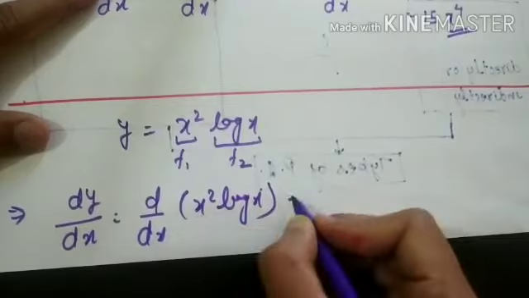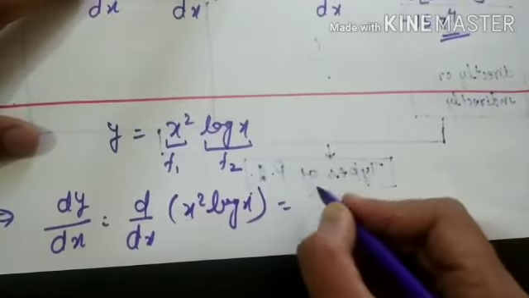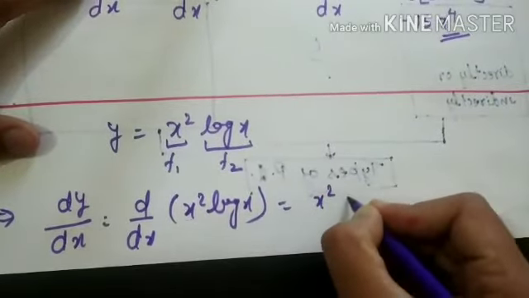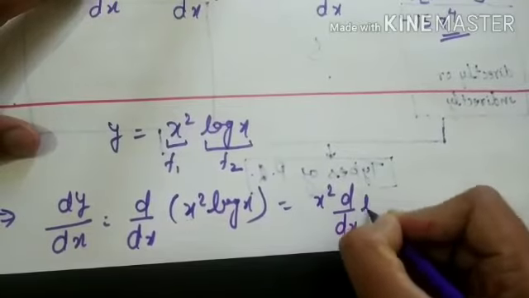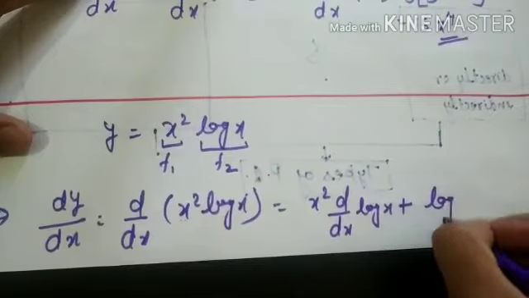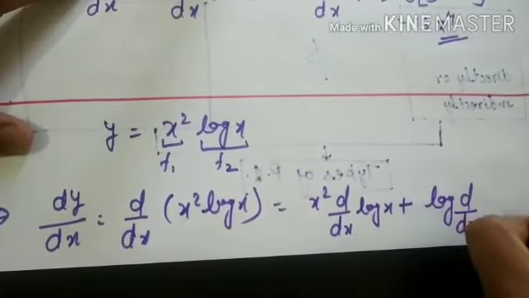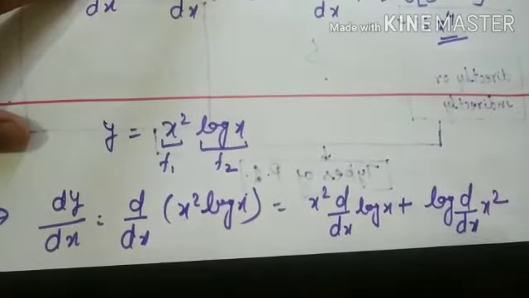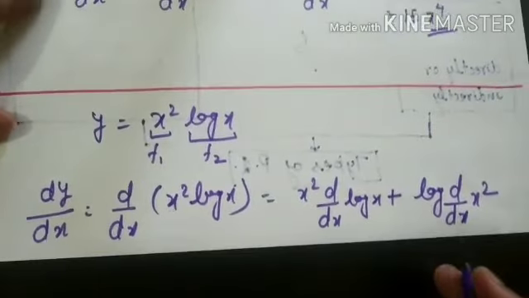First into differentiation of second plus second into differentiation of first. It's a basic rule which is called the product rule.